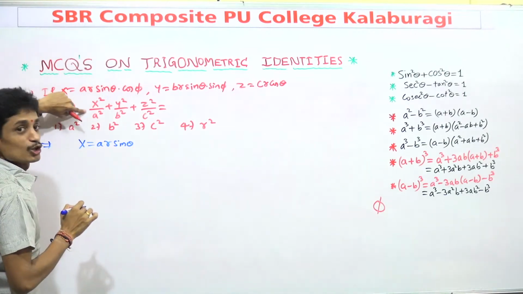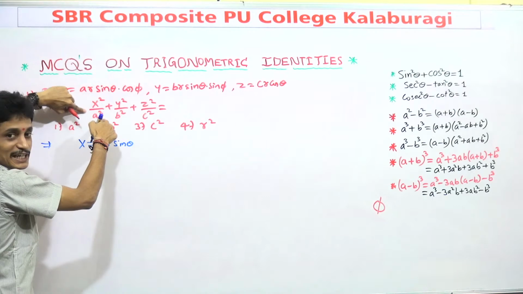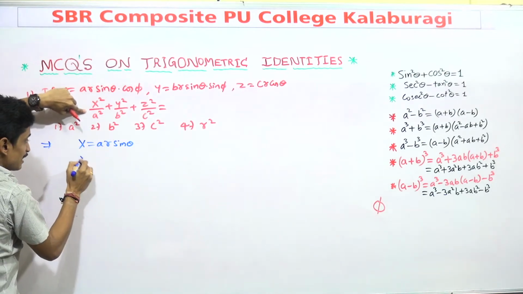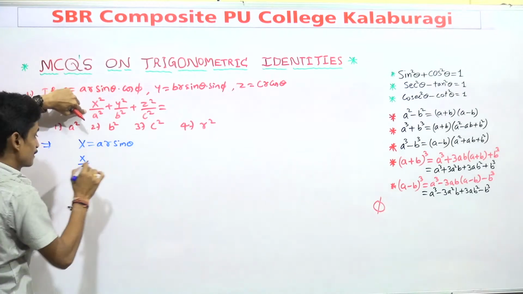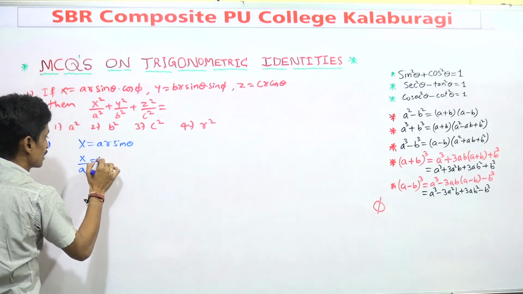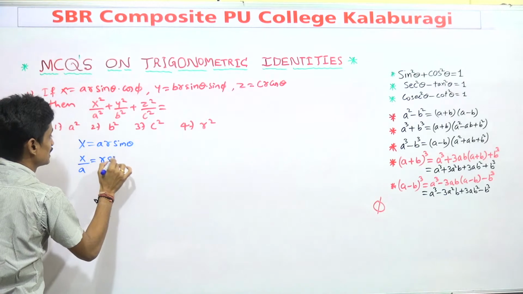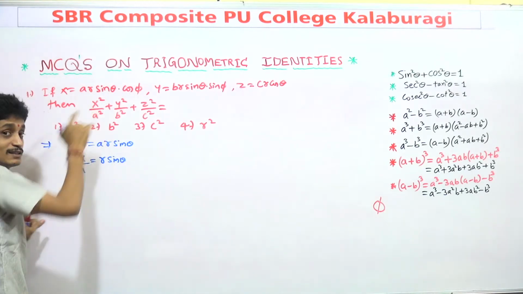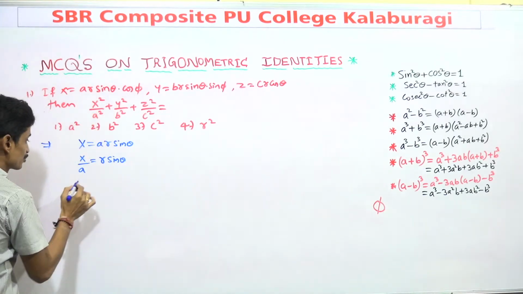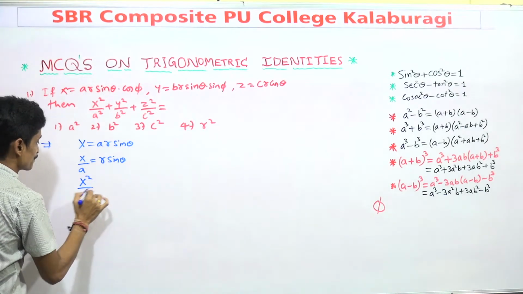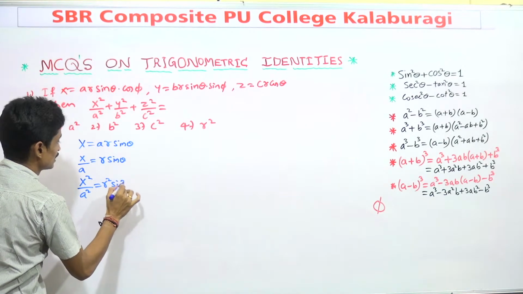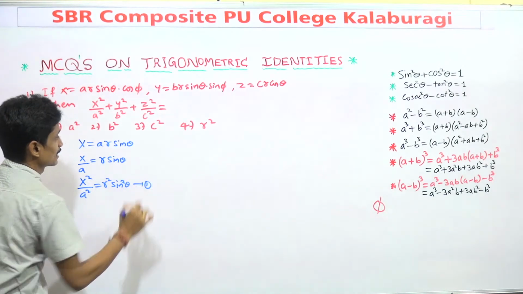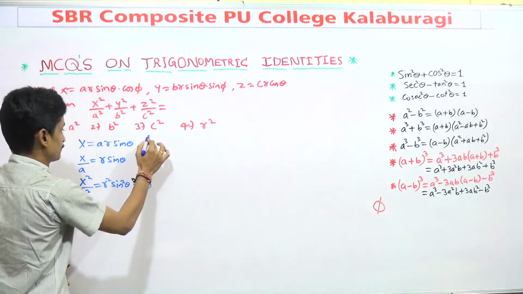Look at the question, x square by a square. So transfer a on the LHS side. Now we will get x by a equal to r sine theta cos phi. But here we need x square by a square, squaring on both sides, x square by a square equal to r square sine square theta cos square phi. Calling it equation number 1.